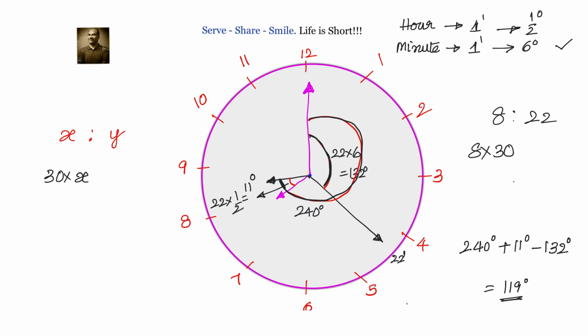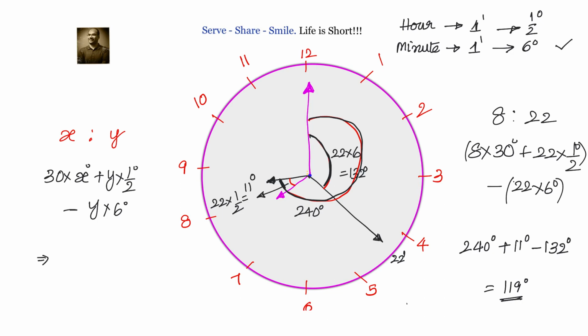After that we have plus 22 into 1 by 2, which is y into 1 by 2, minus 132 degrees, which we got by 22 into 6. Now this is the angle to go from 12 to the hour hand, and this is to go to the minute hand. So minus y into 6.